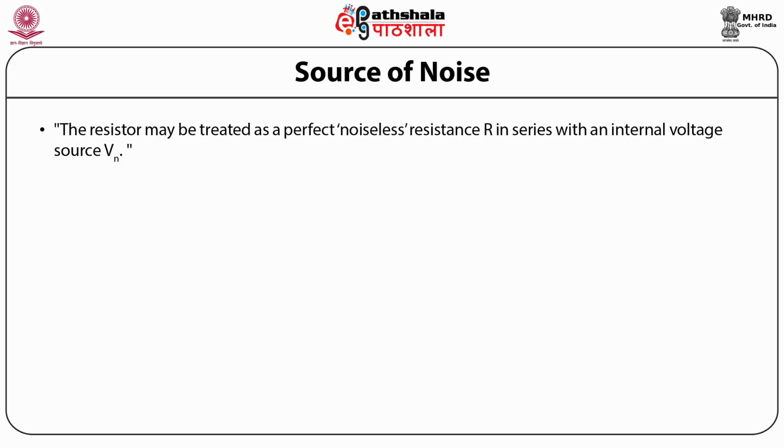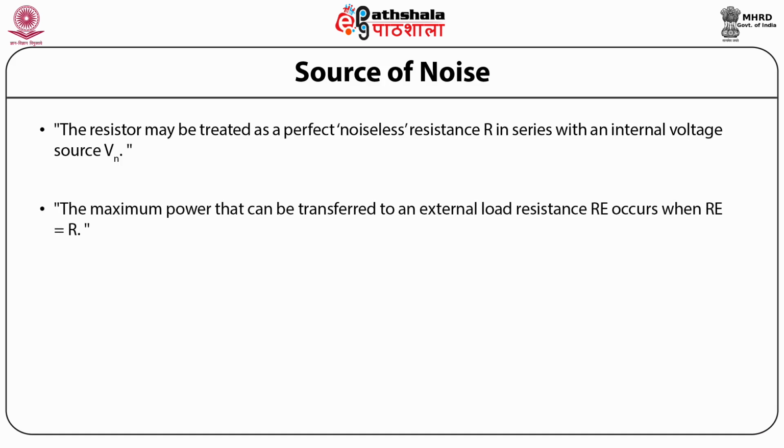The resistor may be treated as a perfect noiseless resistance R in series with an internal voltage source Vn. The maximum power that can be transferred to an external load resistance Re occurs when Re is equal to R. So the terminal voltage is then V0 equal to Vn by 2.